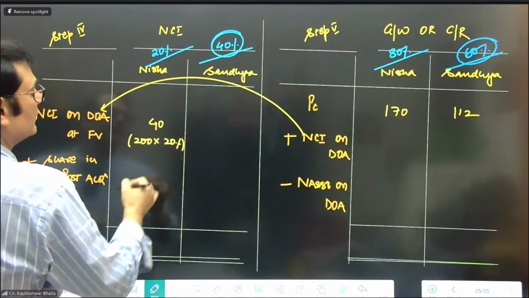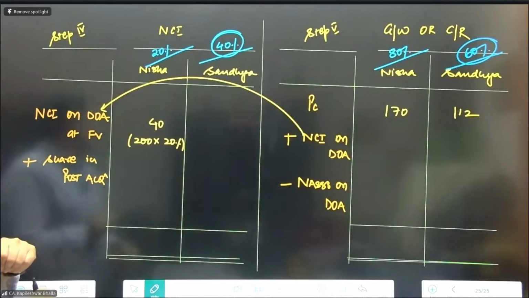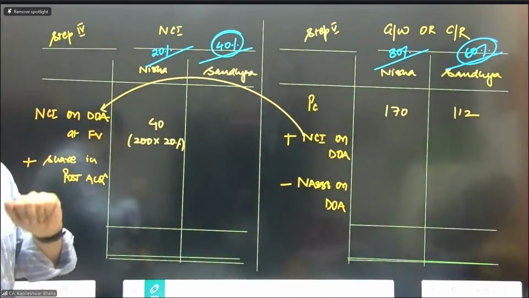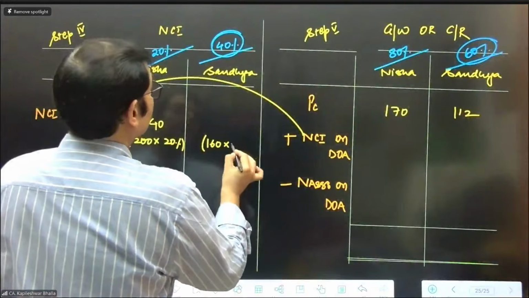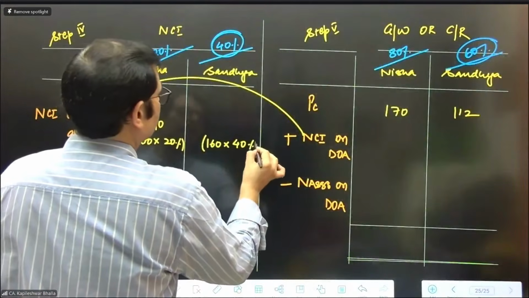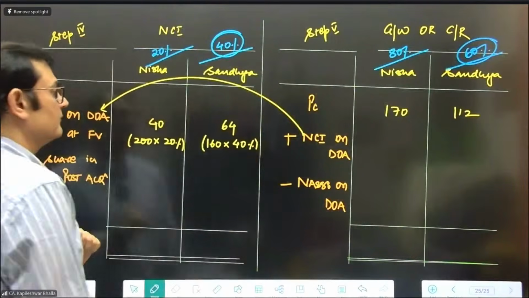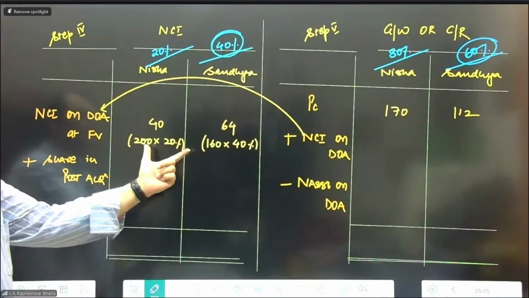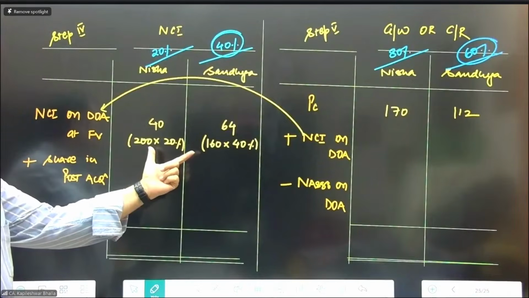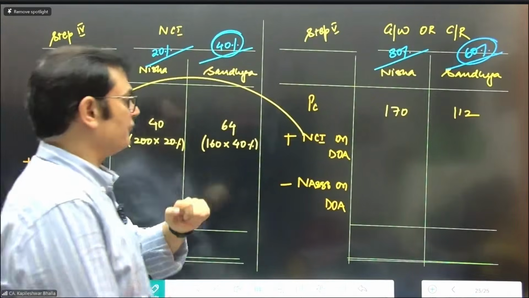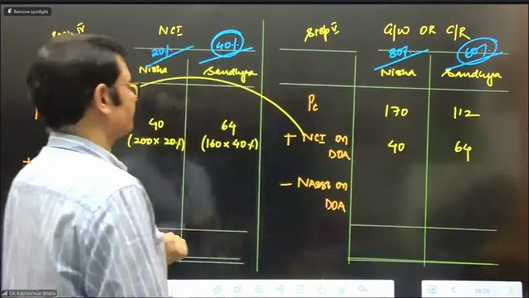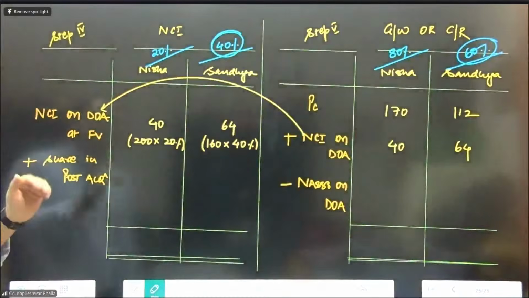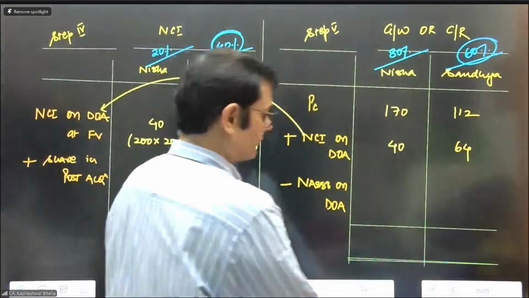That's 40. The face value is being taken as the market price. Sandhya is 160 and that comes to 40%. That is 64. So this is the share capital at a market price, which is equal to the fair value. So fit this out here, 40 and 64. Now let's consider the share in the post acquisitions.